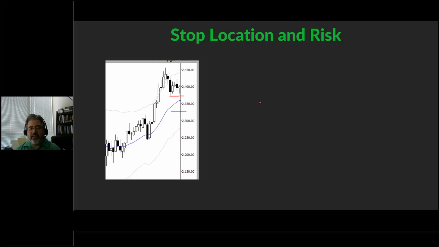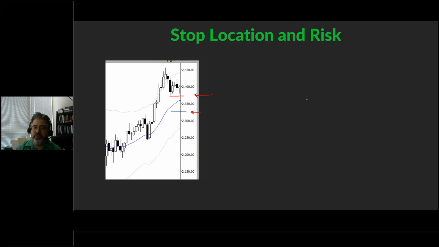However, the key here is if you're normalizing for position size, then what you're going to discover is that this red stop is going to be hit a lot more often than the stop here. Enough that in many, many cases, and people seem to be completely unaware of this, a very close stop actually carries higher risk.